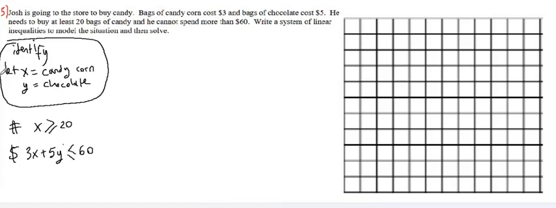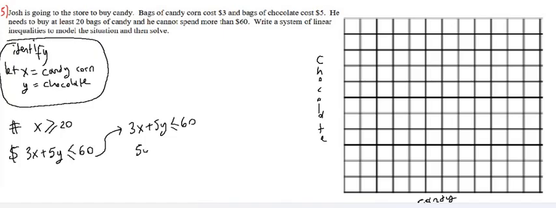Now using these constraints, we can graph. Let's make the x-axis candy corn and the y-axis chocolate. x is greater than or equal to 20. Let's solve for y here and then decide the scaling. 3x plus 5y is less than or equal to 60. Subtract 3x on both sides, so negative 3x plus 60, and divide everything by 5.